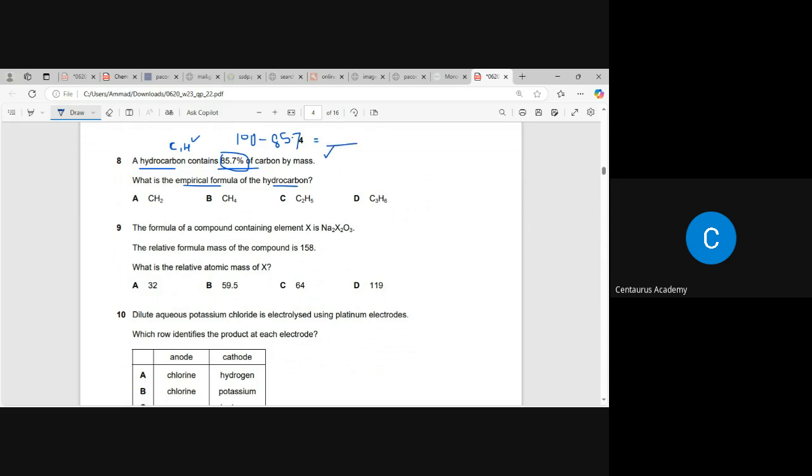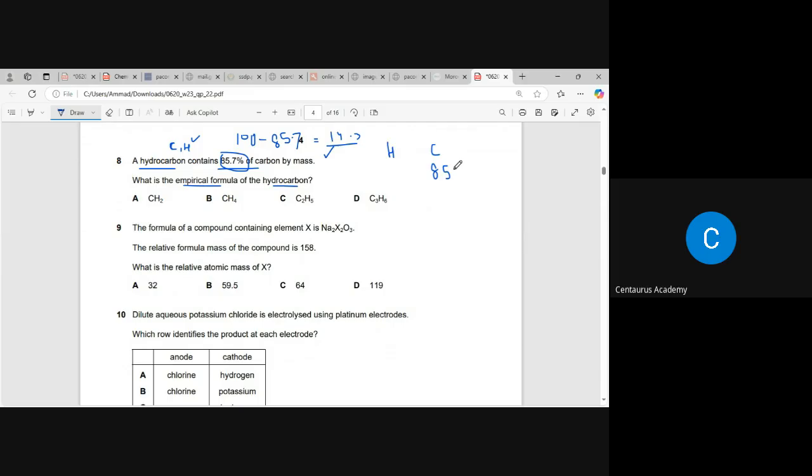What is 100 minus 85.7? 14.3. So this is hydrogen, this is carbon. Carbon is 85.7.